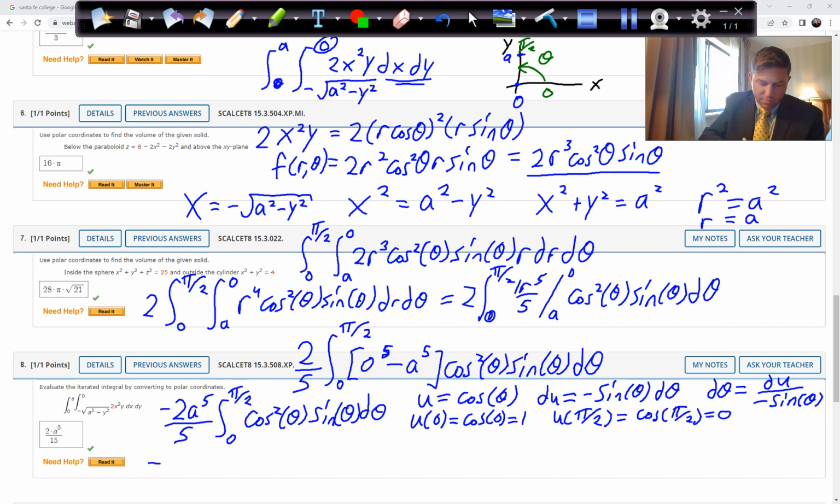So we're going to get minus 2a to the 5th over 5 times the antiderivative from 1 to 0 of u squared times sine theta d theta, but d theta is du over minus sine theta.